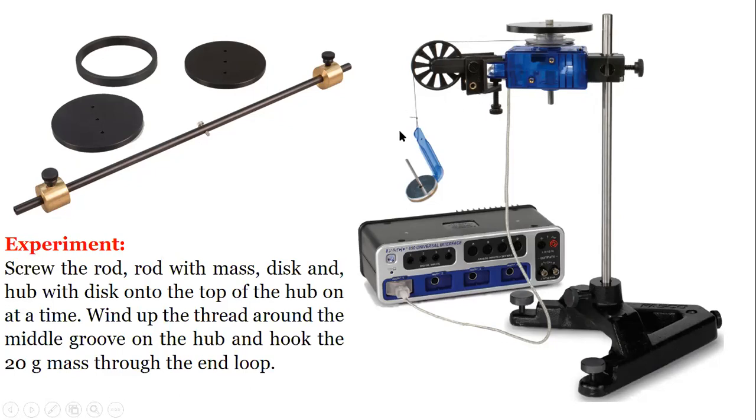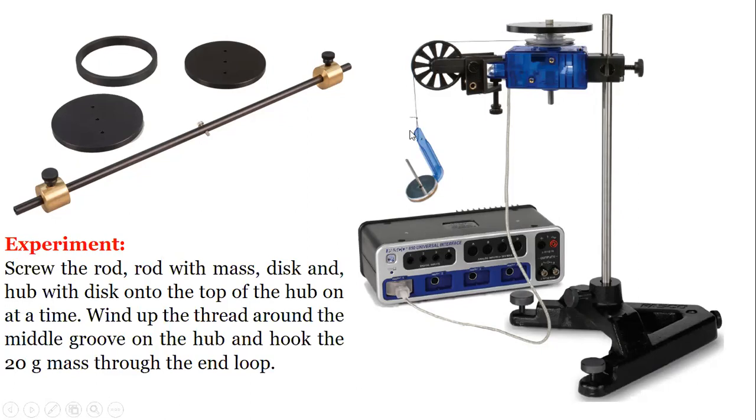Here the hanging mass is 20 grams. Let's think about attaching a disc here. This is the disc, and here's the string attached to the hub, and a 20-gram mass is hanging from there. When you let it go, the hanging mass will drop down under gravity, and it will rotate the hub, and that will eventually rotate the disc, right?